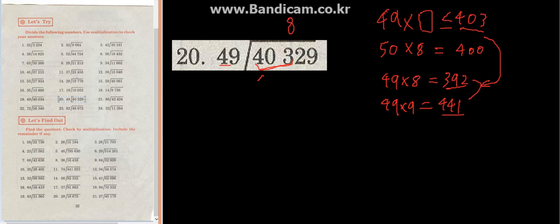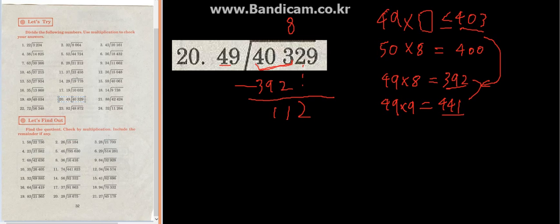So that would be 392. So if we subtract, that would be 11. And we put down 2 nicely.